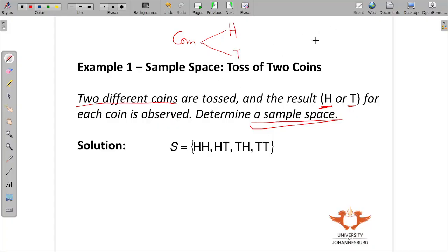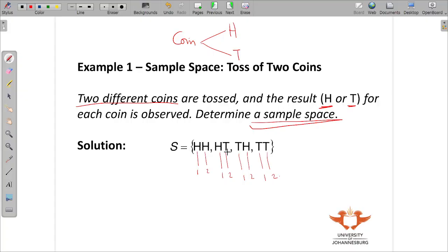That means the first one could be a head, the second one could be a head also, or a tail. So this is the sample space now. We have the first coin and the second coin. The first coin could be a head, the second coin a head.